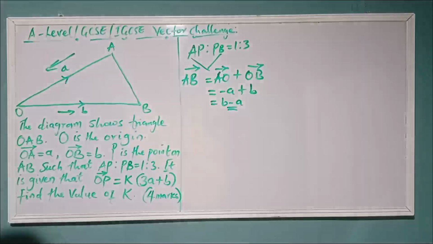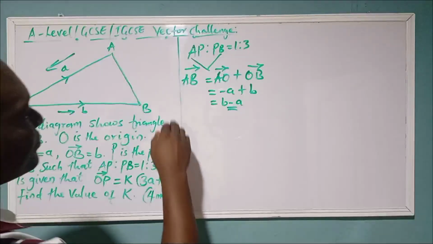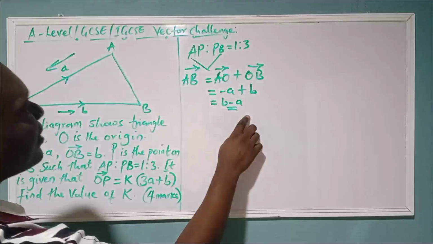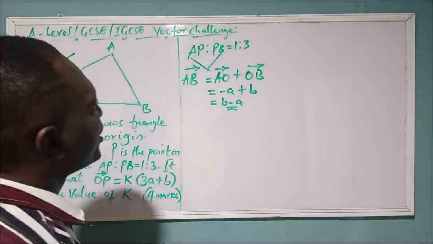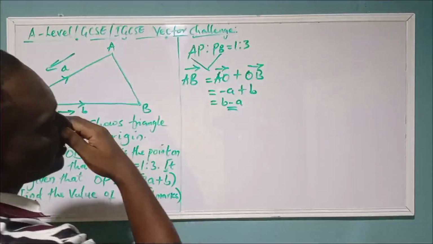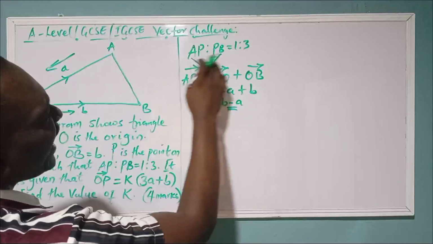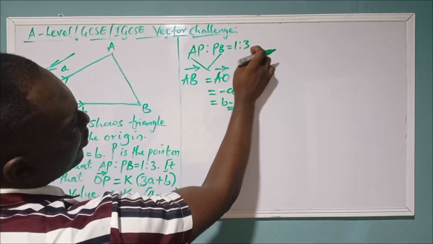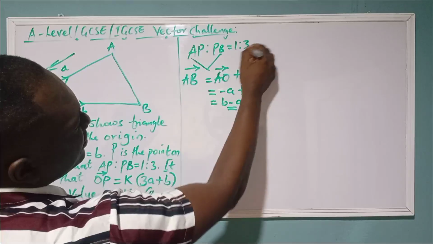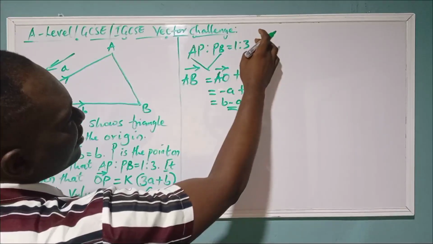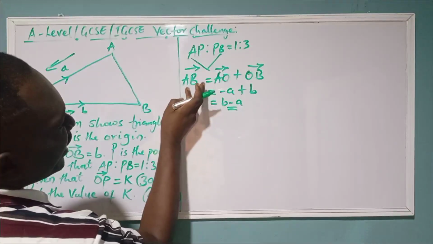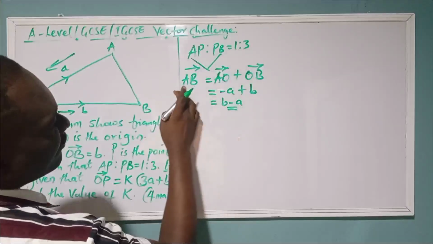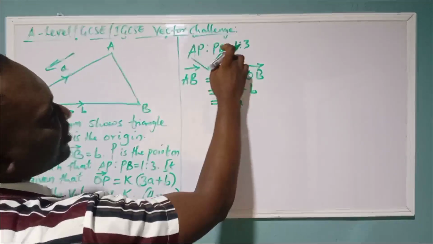Now, it therefore means that if AB is equal to B minus A, then let's look at this ratio. This ratio means that for every 4 total, because 1 plus 3 will give you 4, AP will be 1/4 of AB, and BP will be 3/4.